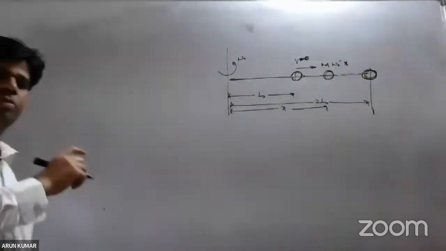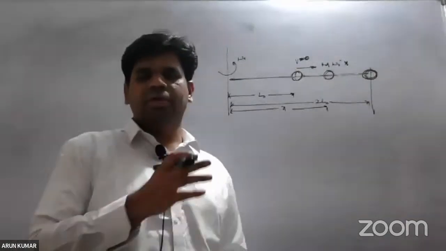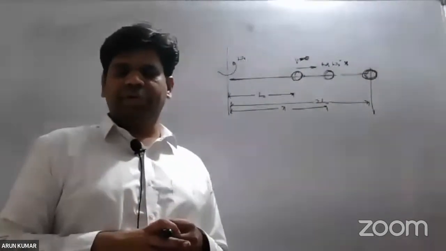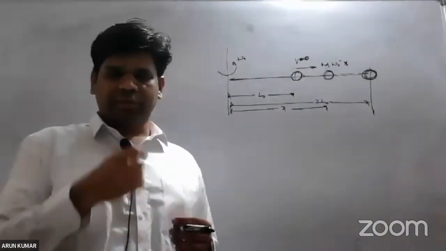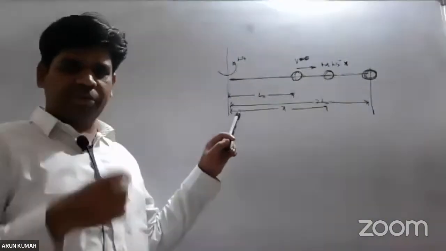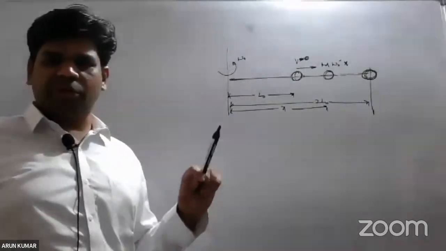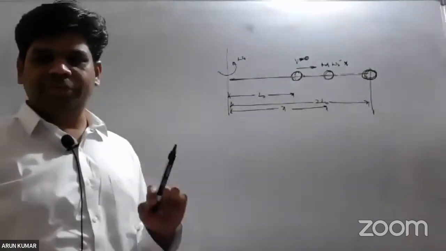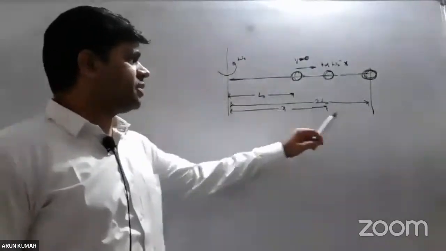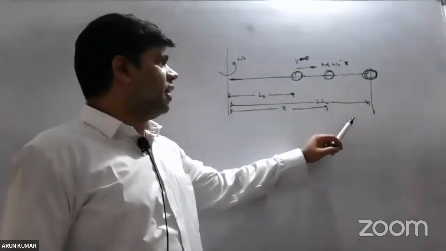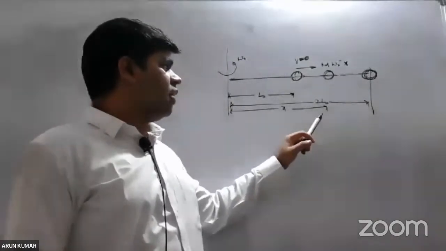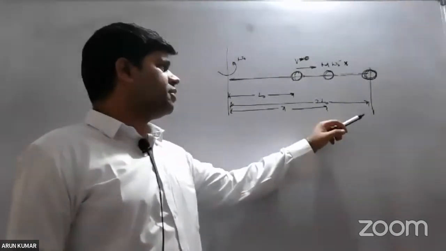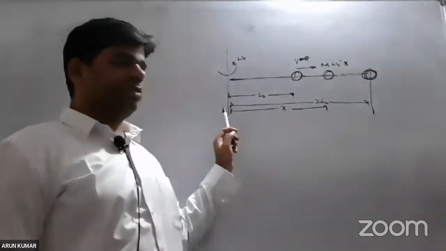Students, a variation of this problem appeared in the JEE Advanced some time ago, somewhere in 2018 or 19. We'll discuss the problem as well in next class. But today we'll just understand how to get the velocity as a function of x, or how to get the velocity when the particle reaches 2L naught from this end.